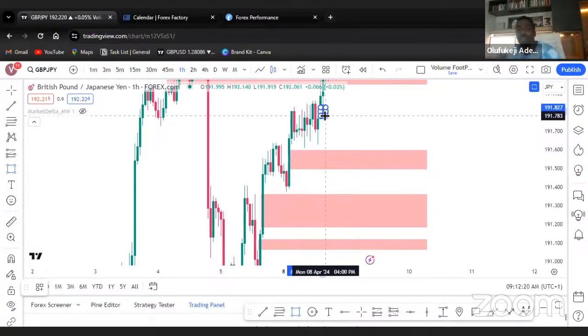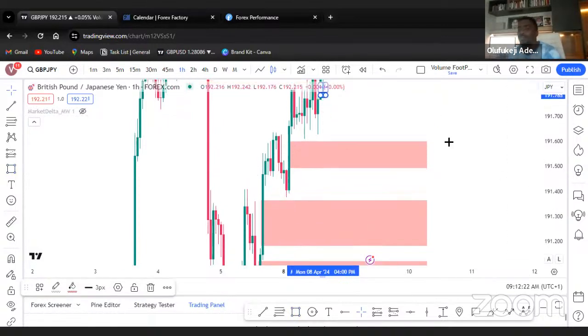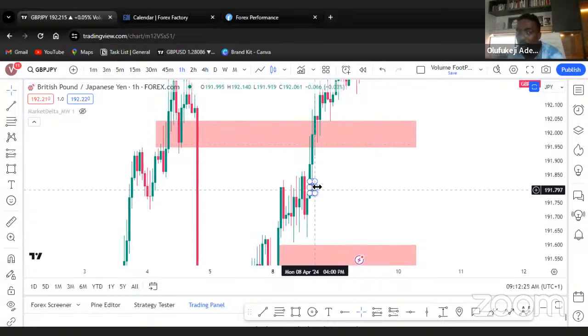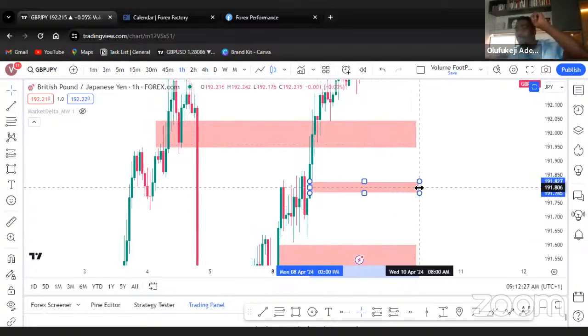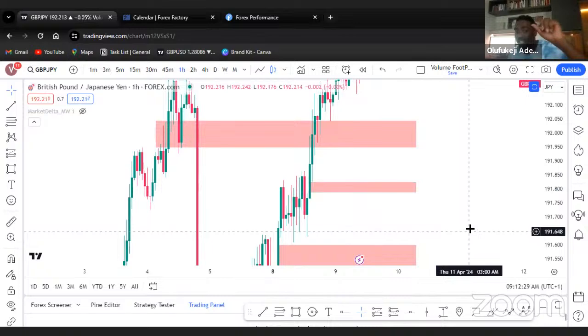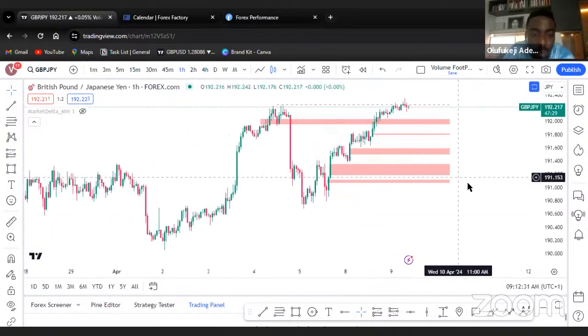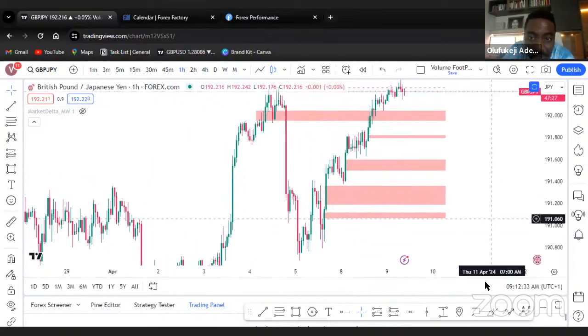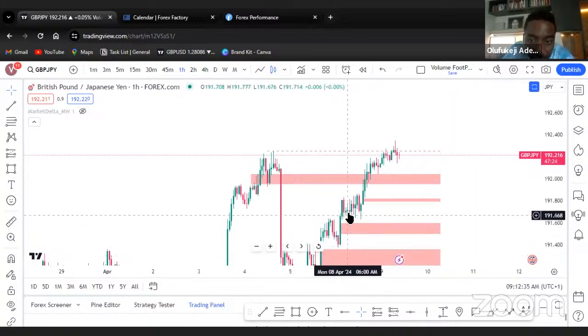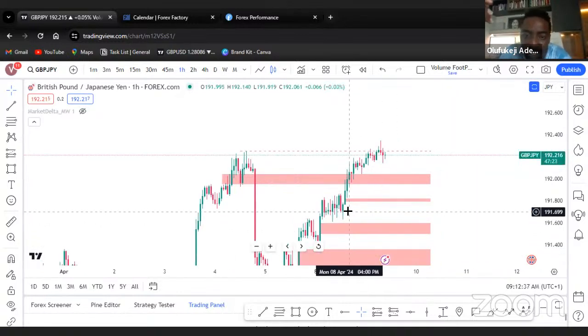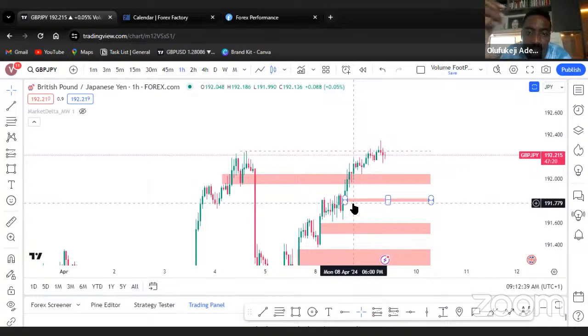So the first thing I'm looking at, I'm no longer looking for the sells. Why? Mind you, I've not done a higher time frame analysis, so this is just liquidity studies. If price pulls back to about 190.77, that is likely going to be a buy.